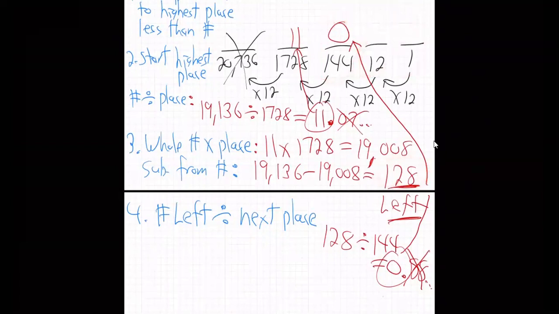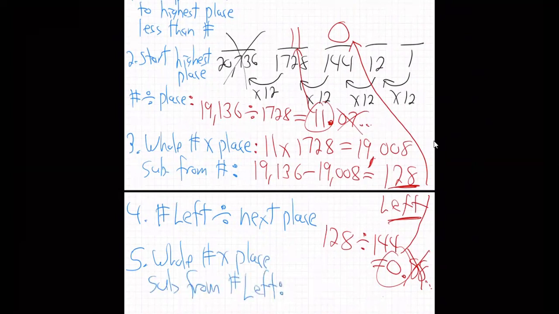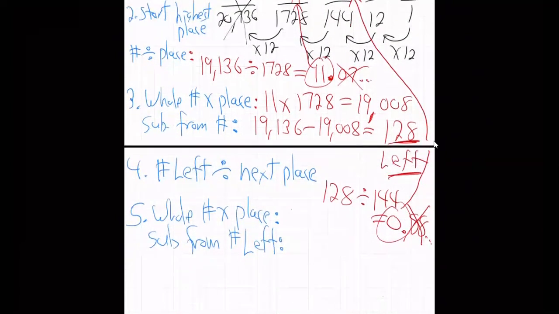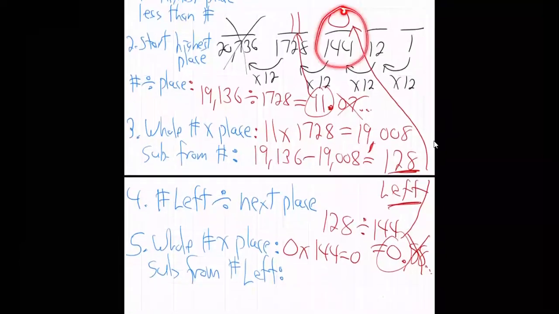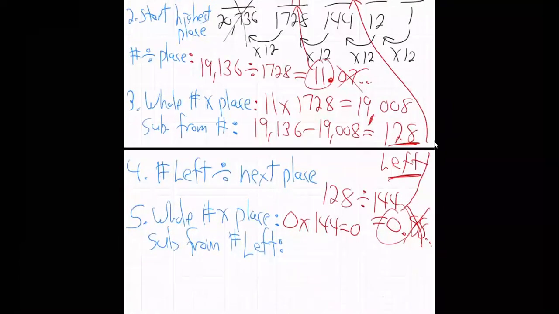All right, let's do the next spot, number 5. You take the whole number times the place, and then you subtract from the number that is left. So 0 times 144 is just 0, isn't it? It's kind of silly, right? And then subtract. Well, that's going to be a little silly too.